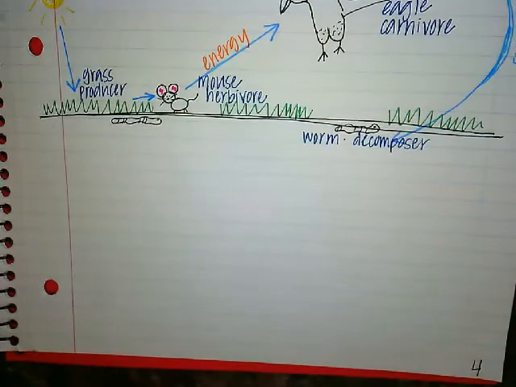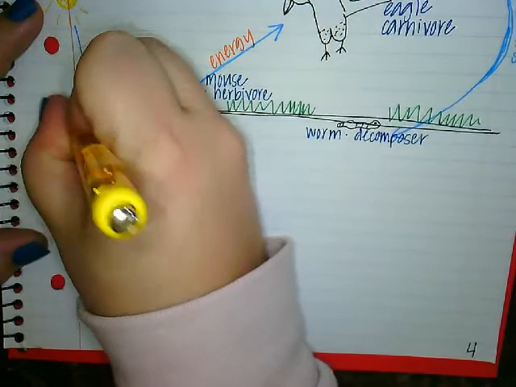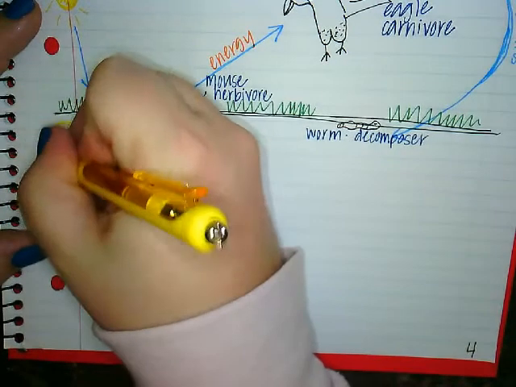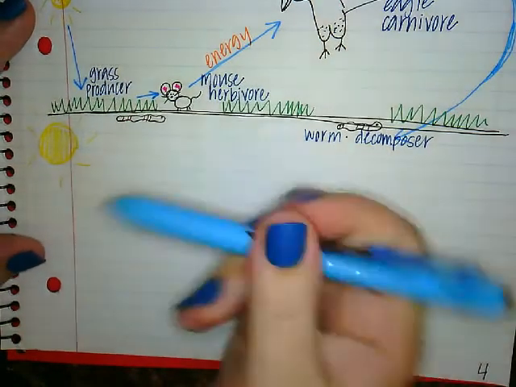We're going to do one more example together, and then you will be free to go and play your food chain game. So here we go again. Another beautiful picture by Miss Long. We're going to start with the sun.